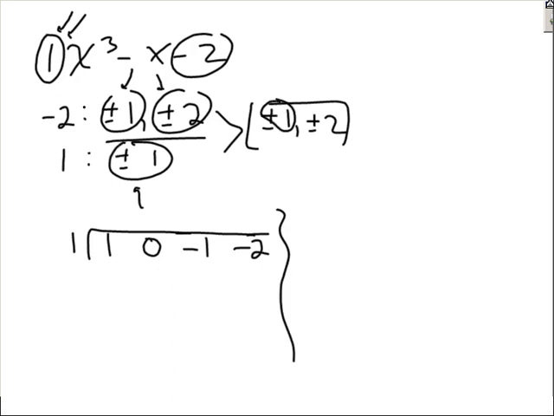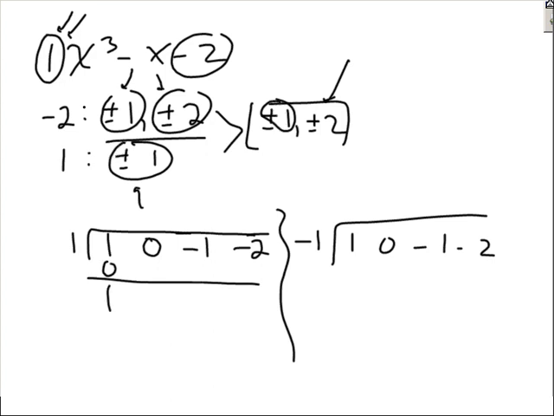I'll try it with 1, I'll try it with negative 1, and then due to lack of board space, I'll erase, and then I'll try it with 2 and negative 2. 1 multiplied by 1 is 1, add, get 1, multiply by 1, get 1, add, get 0, multiply by 1, it's still 0, and you get negative 2 for the remainder, which is not 0. So 1 did not work.